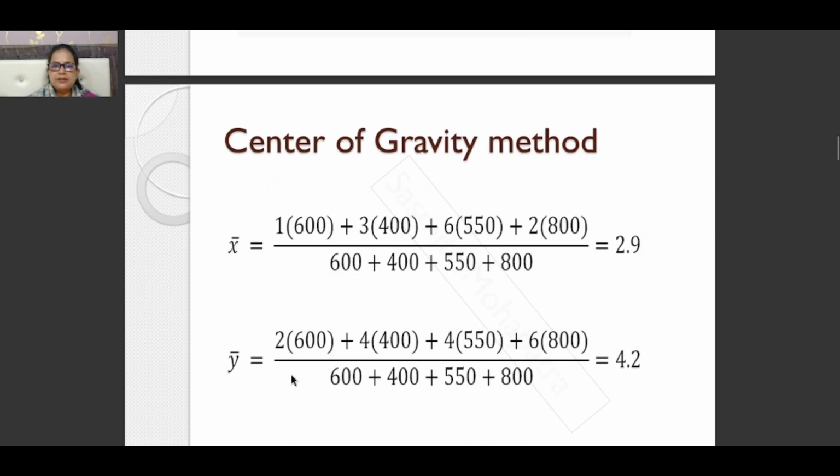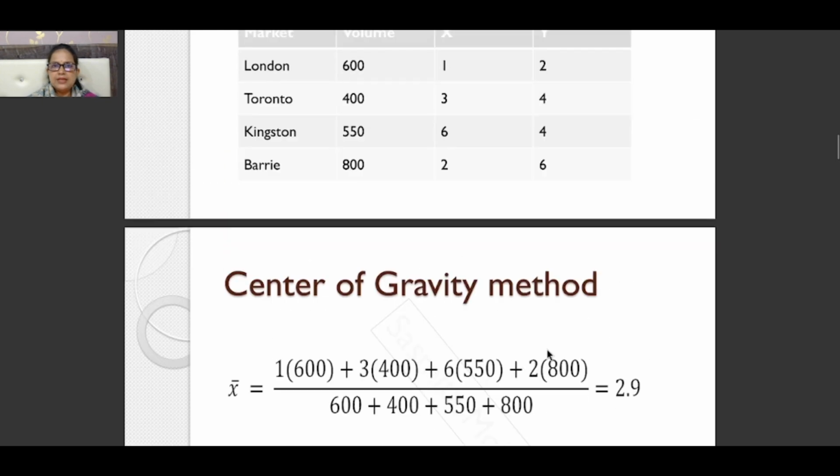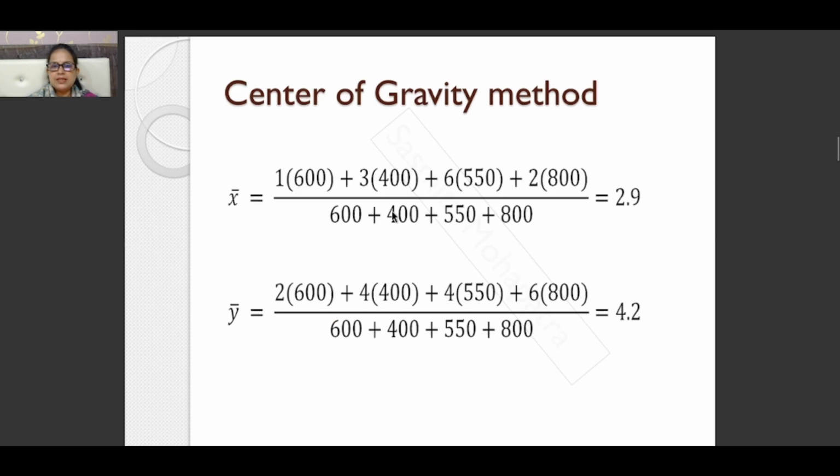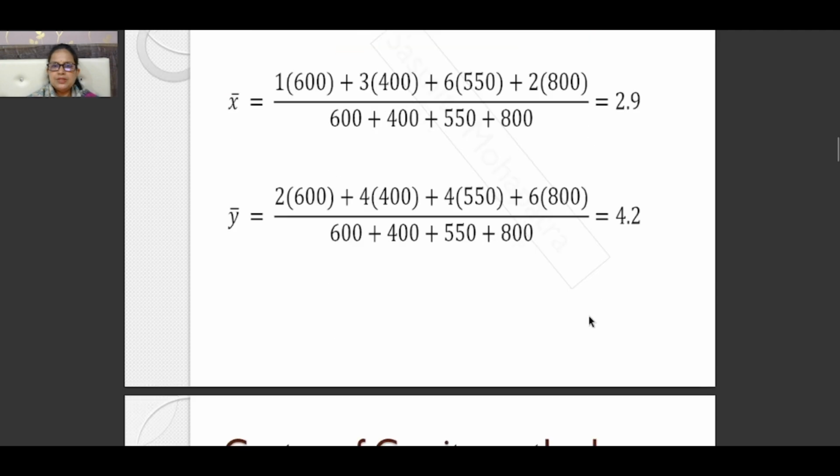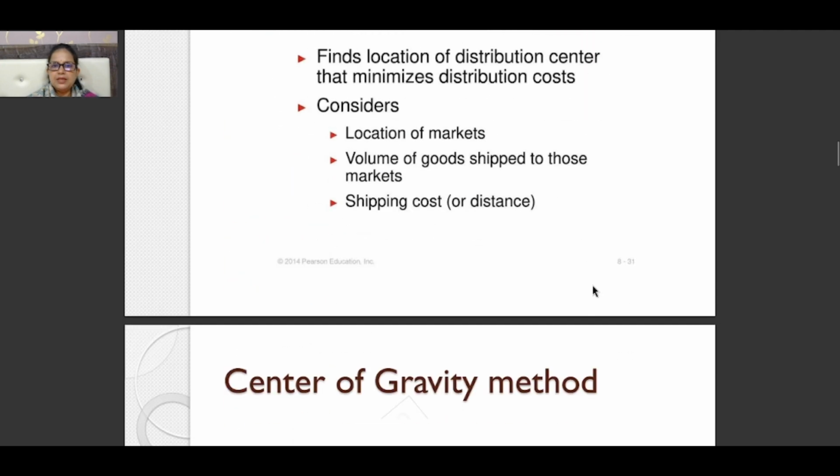Like that, the Y coordinate we also need to calculate: 2 into 600 plus 4 into 400 plus 4 into 550 plus 6 into 800, divided by sigma of Qi, which gives 4.2. So we have the central X bar and Y bar here, that is 2.9 and 4.2. See how we are going to plot it.